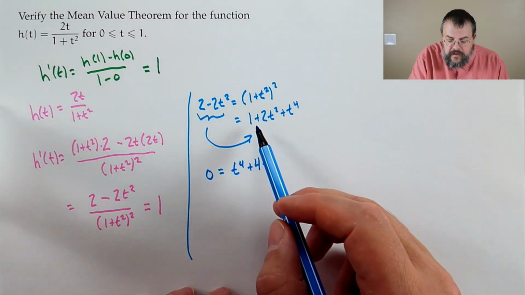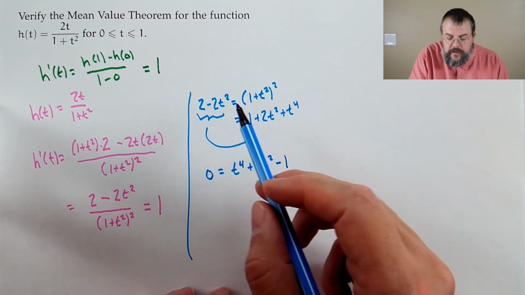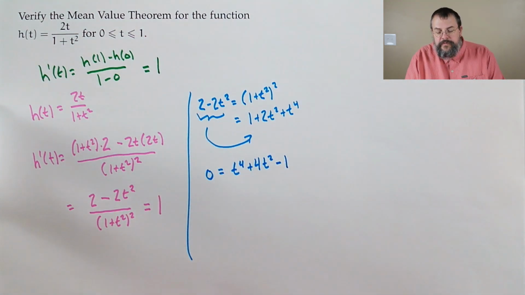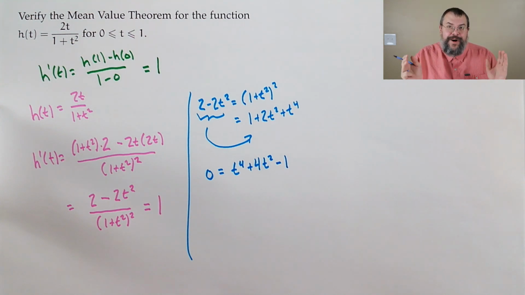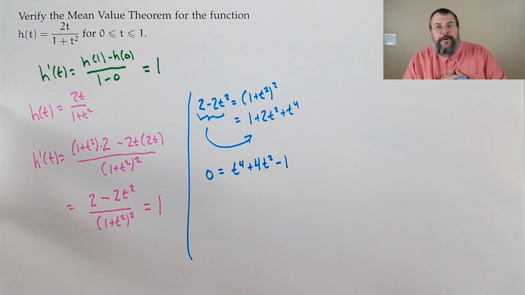Here this minus 2 combined with that plus 1, minus 1. And the reason I say minus 2 is because we're going to subtract 2 to bring it over. All right, so now we just have to solve a fourth degree polynomial. We can solve a quadratic, but a fourth degree? I don't know. Oh, wait a second, we can solve a quadratic, right?